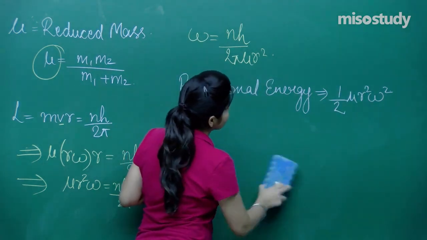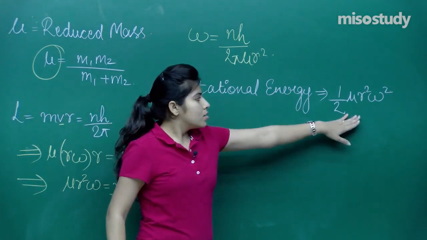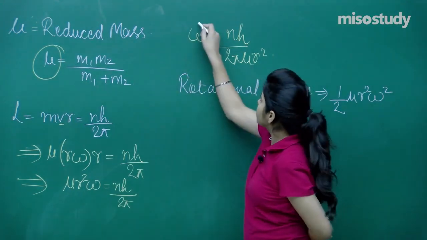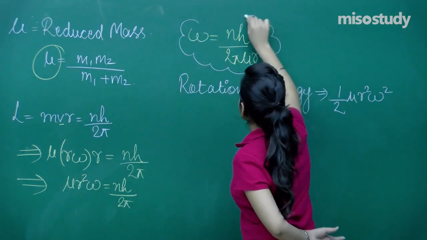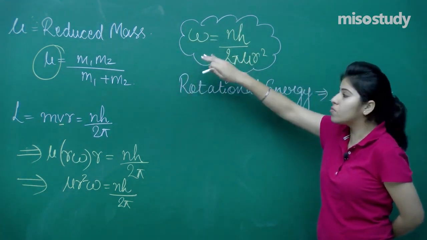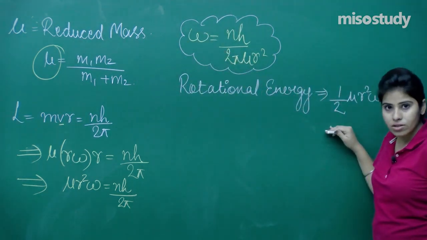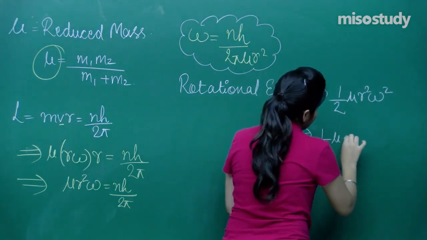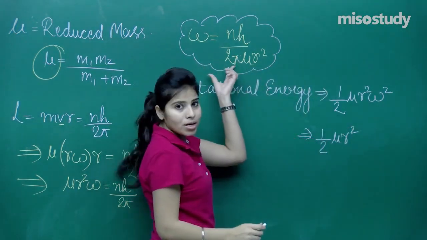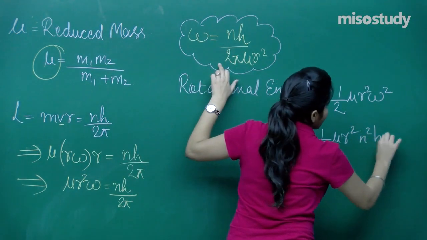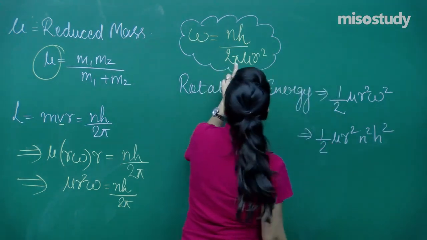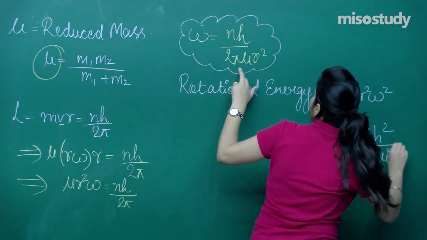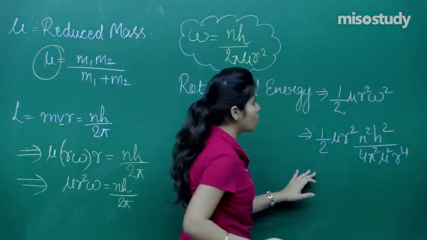Now let me just remove this because it is not required now. Because we have found the value of omega from here, we can put this value of omega into this equation. So that will be half mu r square into omega square, that will be n square h square by 4 pi square mu square r raised to the power 4.